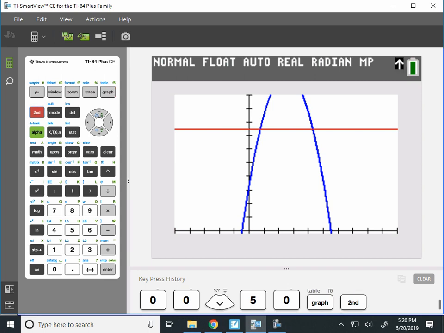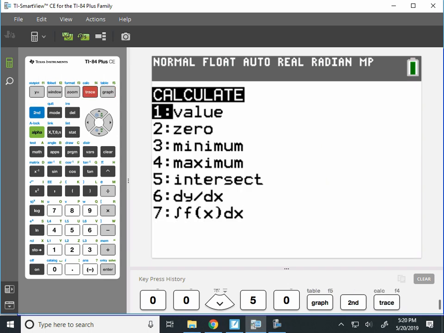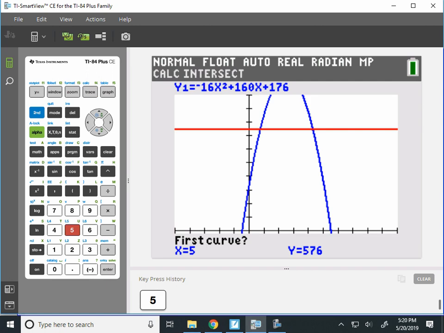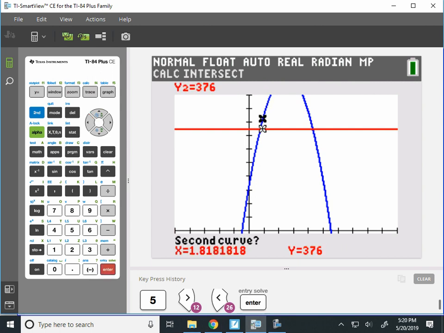So I'm going to trace. Second trace, I'm going to choose intersect at 5. And then first curve, oh, there it is. So I take my cursor back a little bit. I want to be at first curve, so to the left, there we go. I'm close to the intersection, hit enter 3 times, and it tells you that it intersects at 1.464, comma 376.